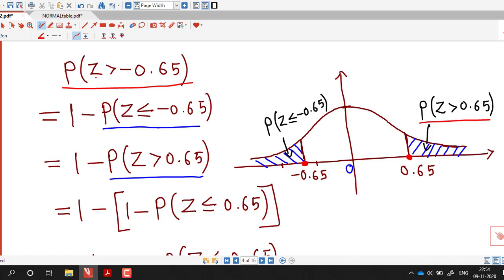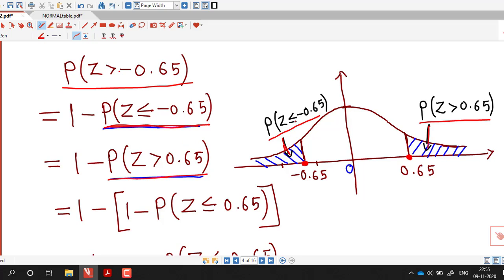Now, area to the right of minus 0.65, probability that z is greater than minus 0.65 is nothing but 1 minus probability that z is less than or equal to minus 0.65, means this area. But this area is the same as this area, so we can replace this by probability that z is greater than 0.65.